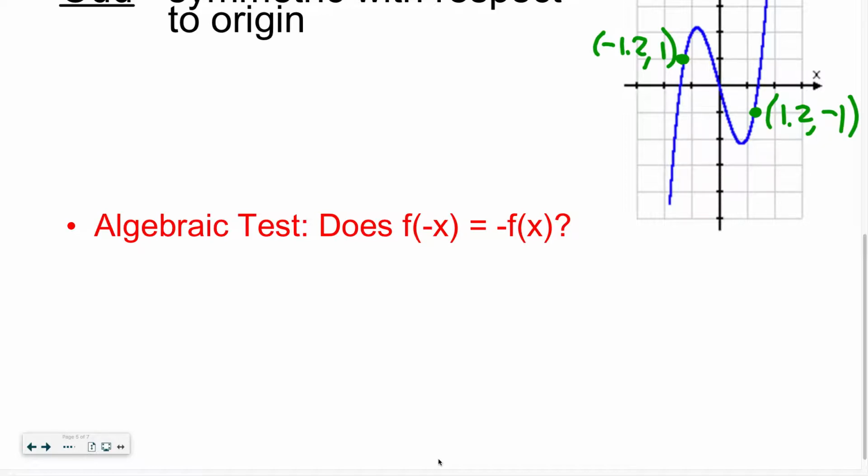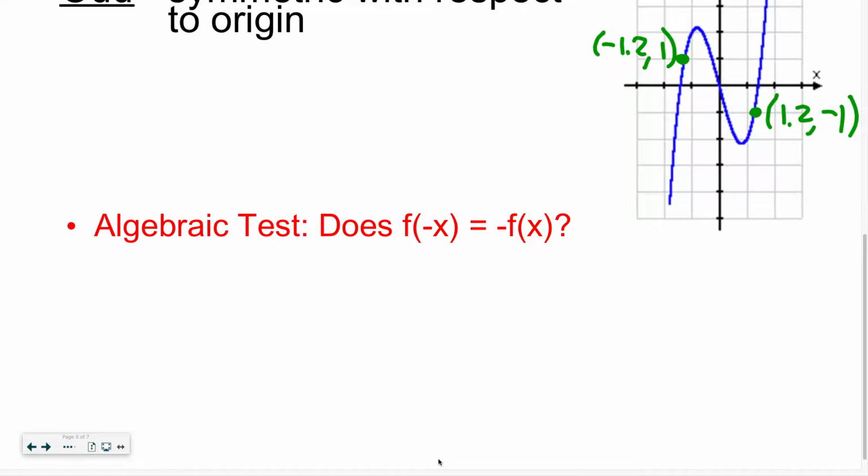Okay, so this has 2 parts. If you change the x value, will you get the opposite y value? So not the same y value like it was for even, but the opposite y value.